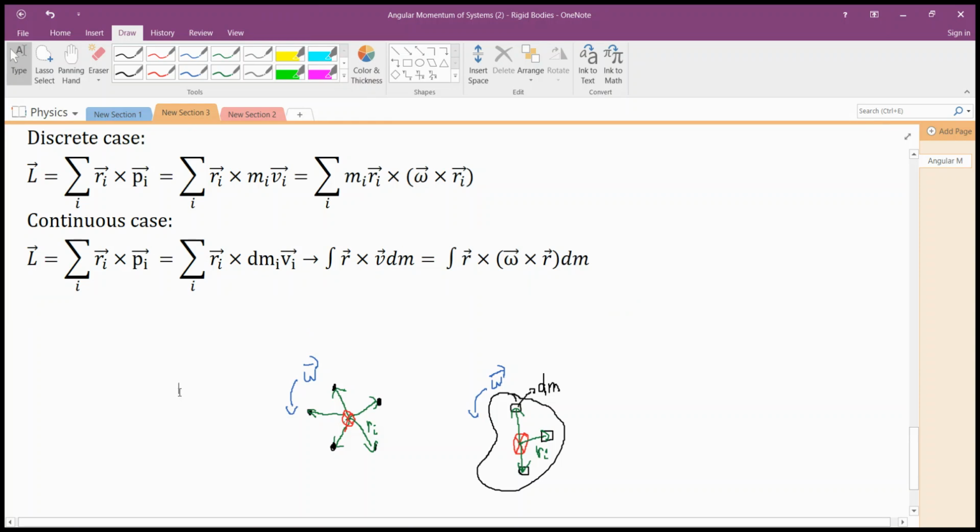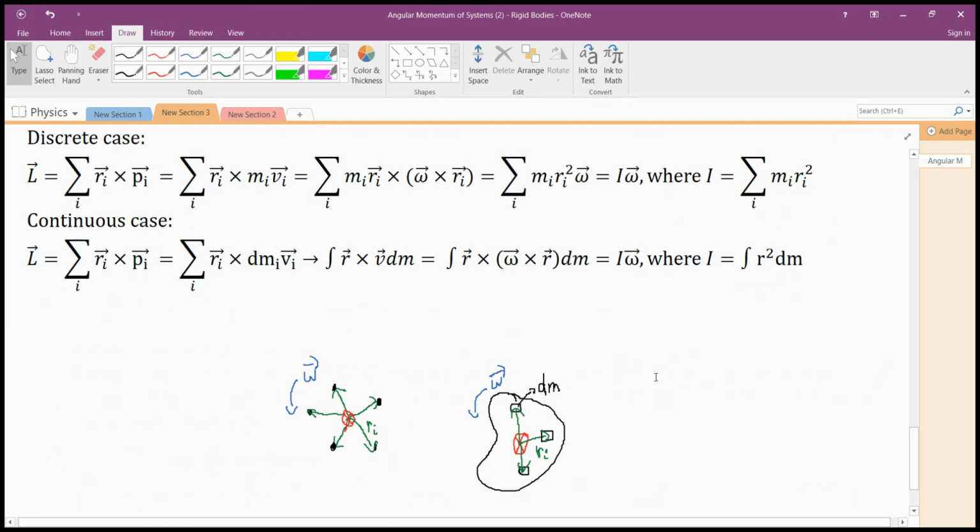We then make use of the assumption that the rigid body is purely rotating, no translational motion. And as a result, we can use v equals omega cross r, recalling again that omega is the same for each particle on the rigid body. In the discrete case, it's omega cross r_i for each position vector. And in the continuous case, it's omega cross r, where now r is a variable that our mass density depends upon.